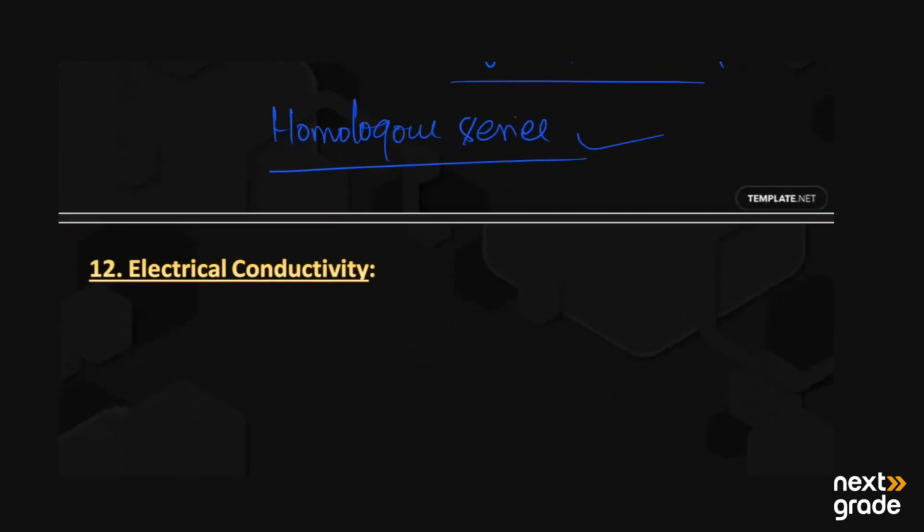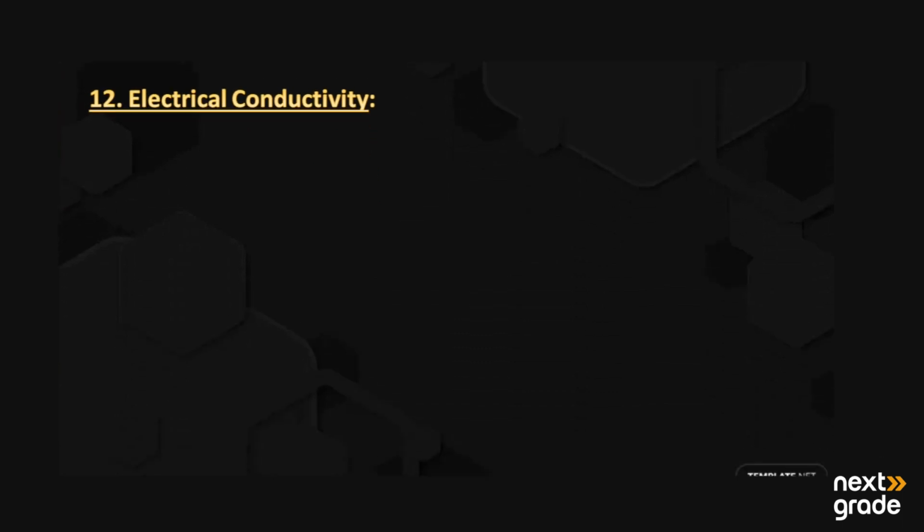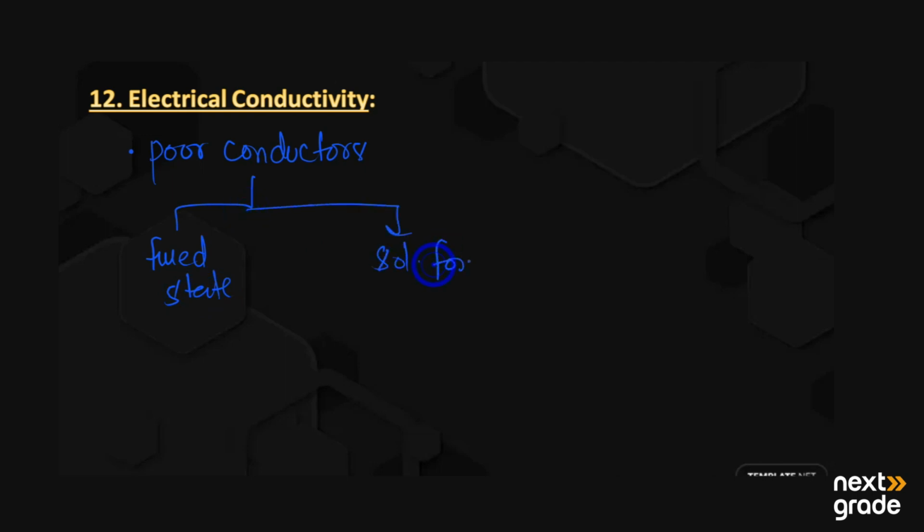At the last we have the electrical conductivity. Now if we are talking about electrical conductivity of organic compounds, then they are poor conductors of electricity, or we can say that in both states, if they are in the fused state or if they are in the solution form, they have less conductivity, or we can say that they cannot conduct electricity.